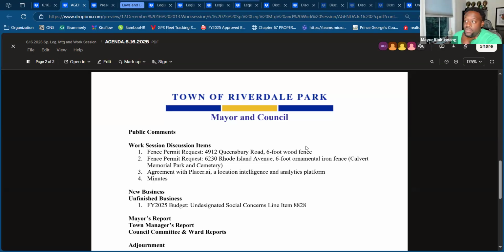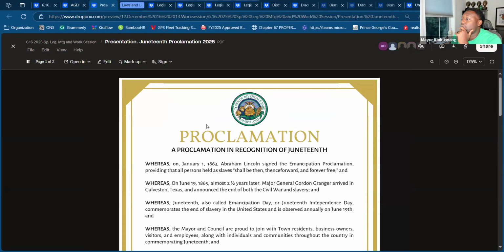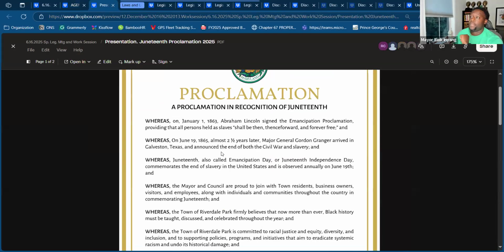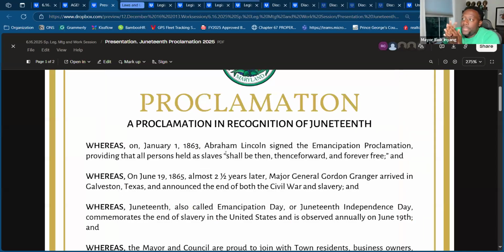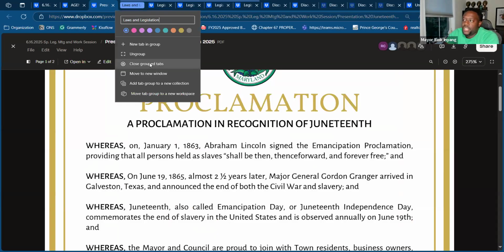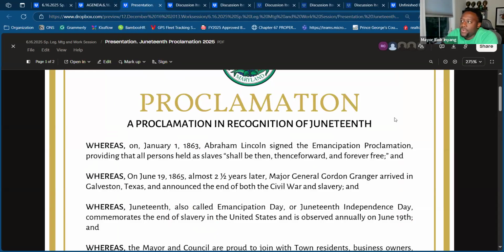We do have a presentation, I believe, in recognition of Juneteenth. Proclamation in recognition of Juneteenth. Whereas on January 1st, 1863, Abraham Lincoln signed the Emancipation Proclamation, providing that all persons held as slaves shall be then, thenceforth, and forever free.